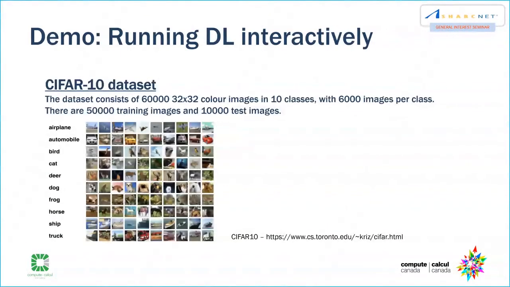So what I'm going to do, I will try to install TensorFlow and PyTorch, and I will run the CIFAR10 dataset deep learning problem, which is available on this website in the computer science department at U of T. This is basically image identification.